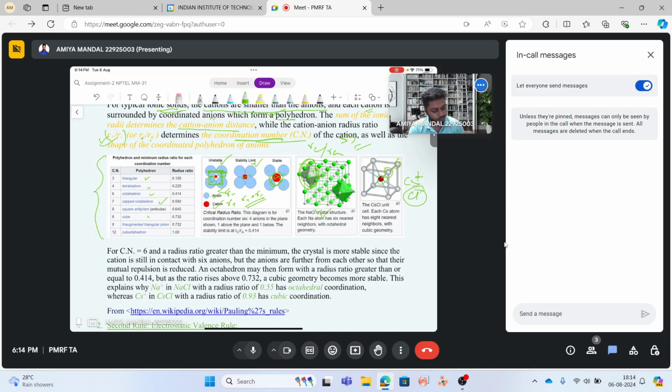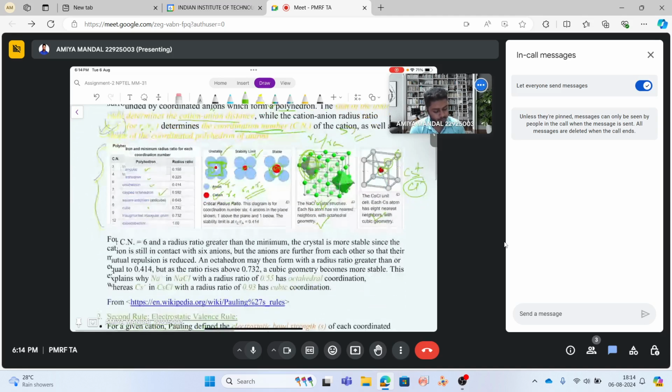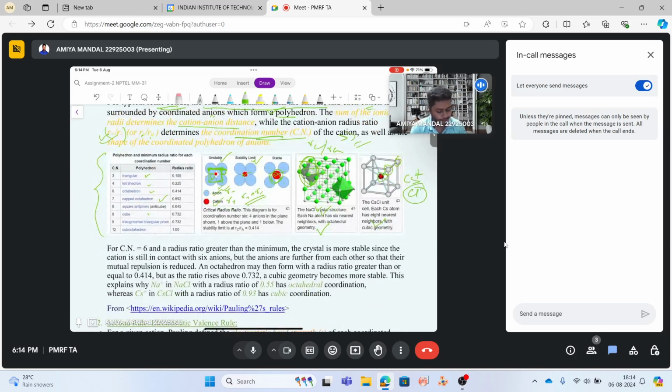So why have I shown sodium chloride and cesium chloride separately in this figure? Because of their radius ratio. The radius ratio of sodium chloride is 0.55, which forms octahedral coordination.